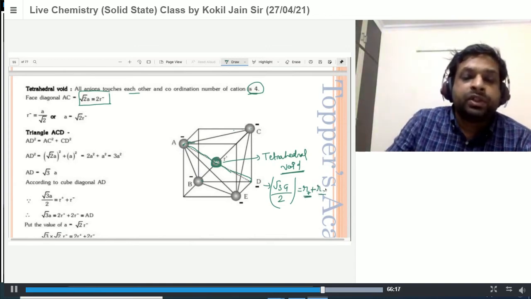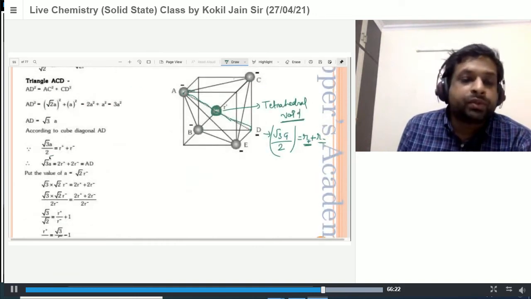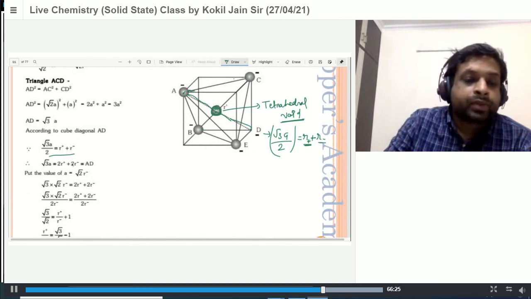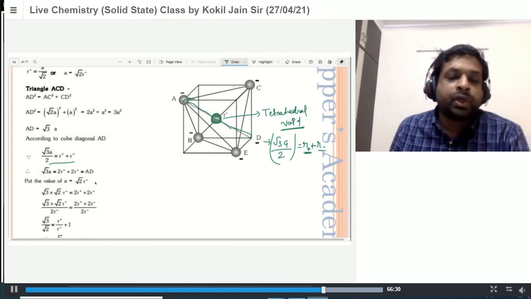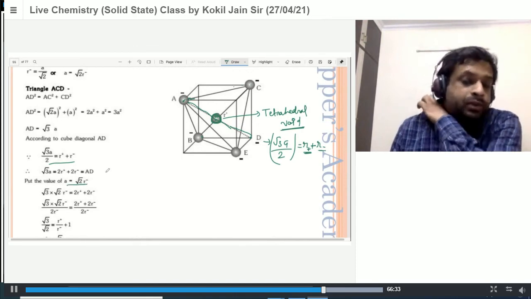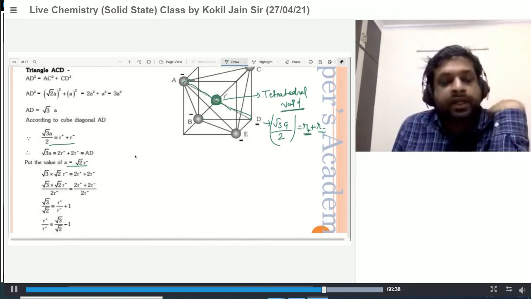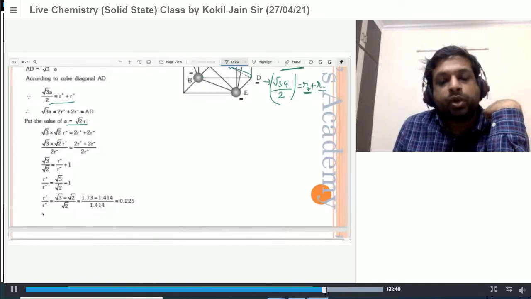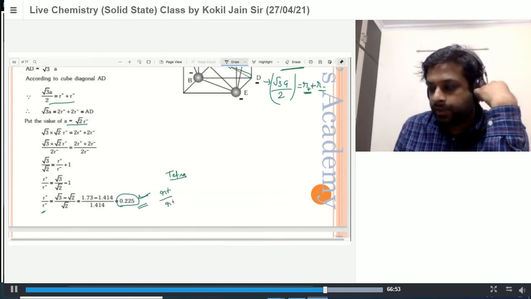Using these two equations, R plus by R minus comes out to be 0.225. So for tetrahedral geometry, you need at least 0.225 ratio, R plus to R minus.